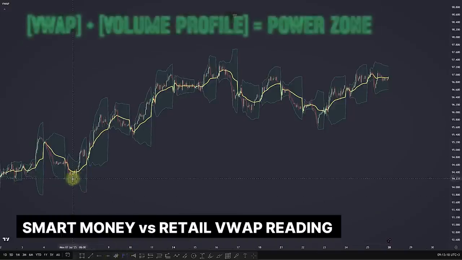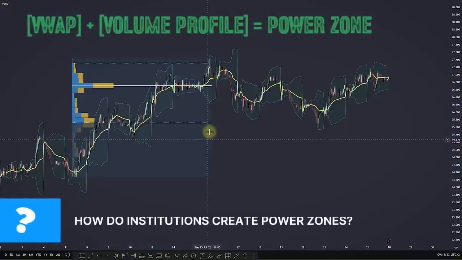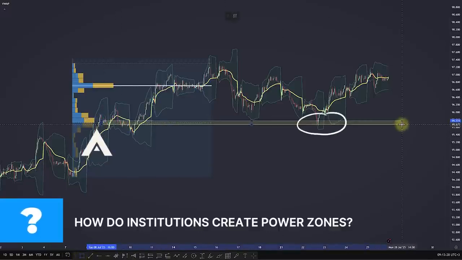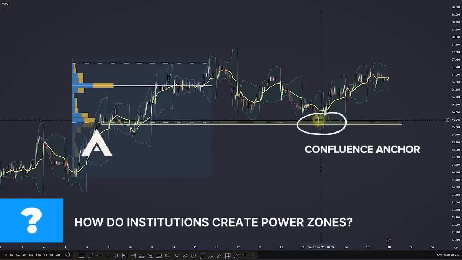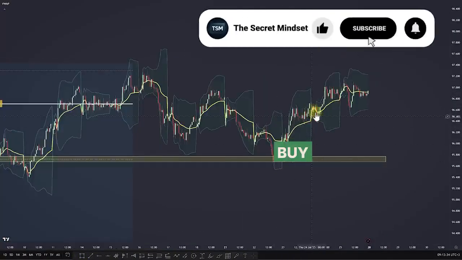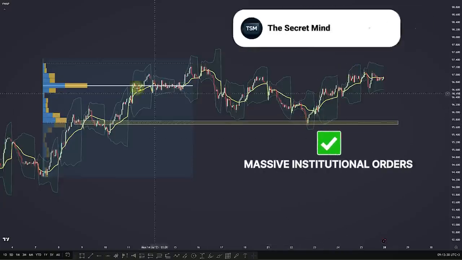They combine it with volume profile to create power zones. When VWAP intersects with a high volume node from the volume profile, you get what institutions call a confluence anchor. This isn't just any VWAP level. This is where massive institutional orders are likely sitting.